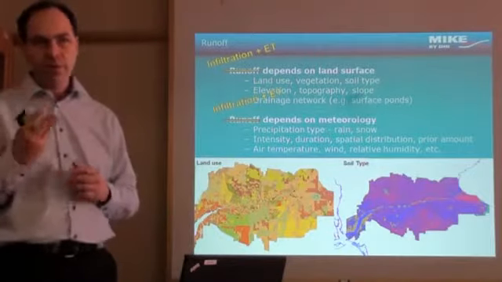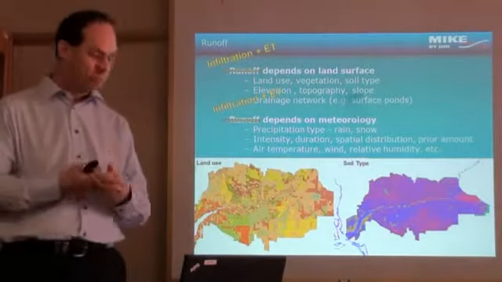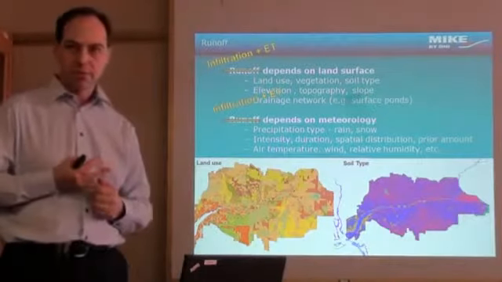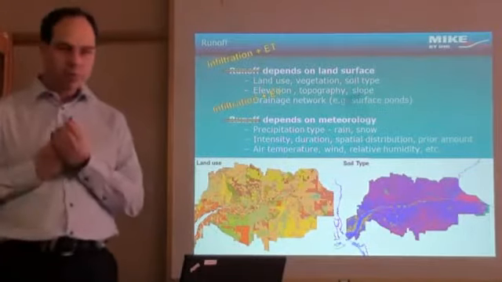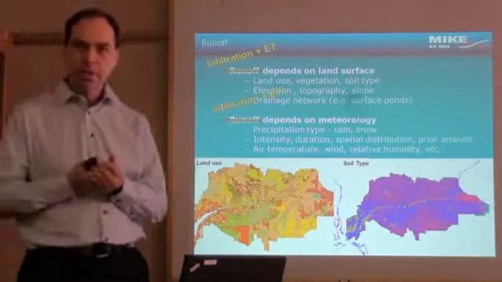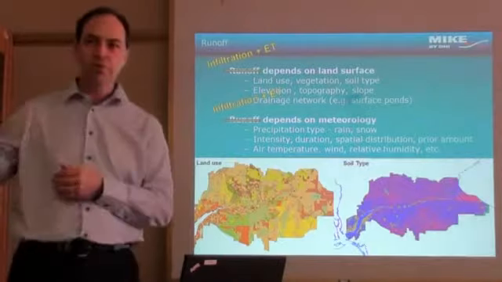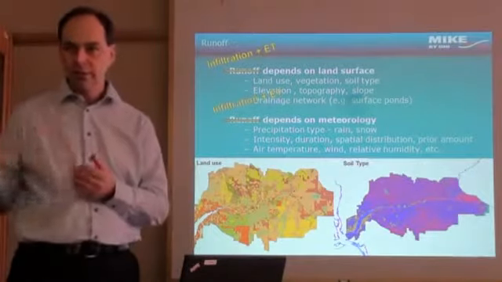Because there are really only 3 things that can happen to rain: it infiltrates, it runs off, or it evaporates. When we build a surface water model, we use runoff as the boundary condition, and so we assume something about infiltration and evapotranspiration.